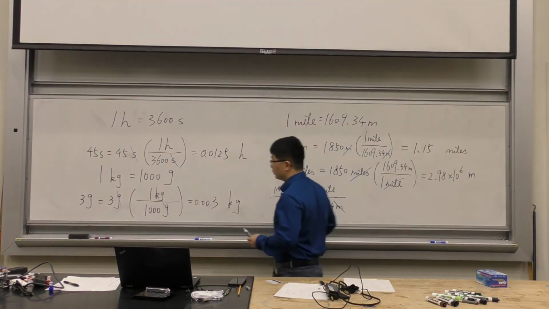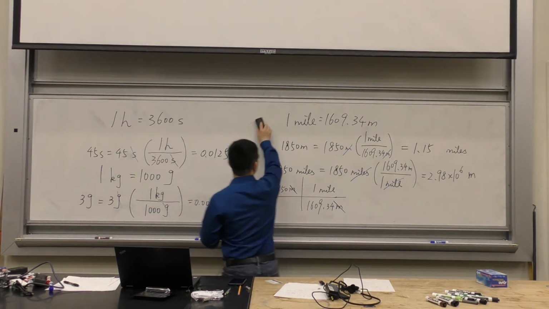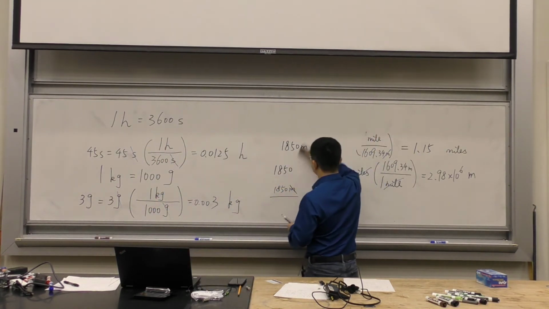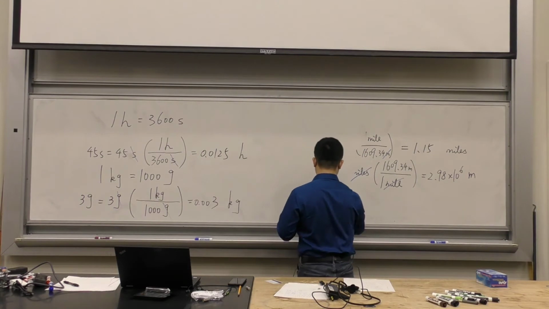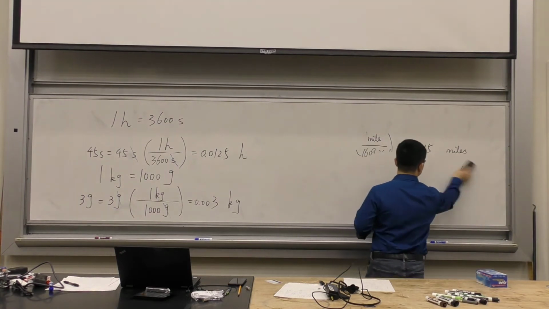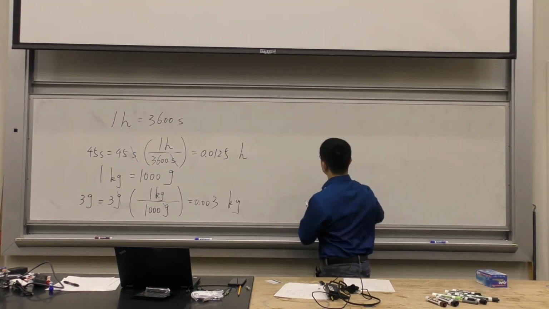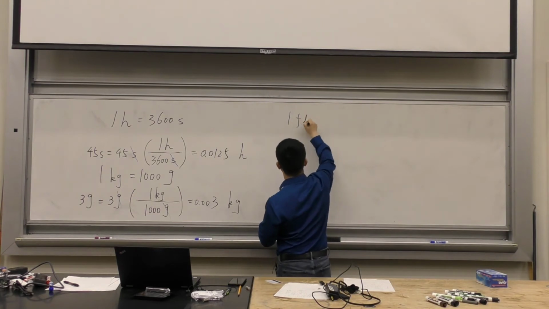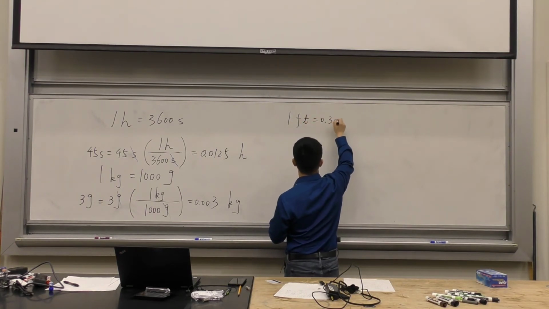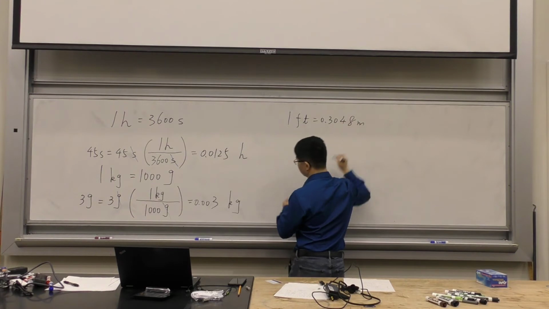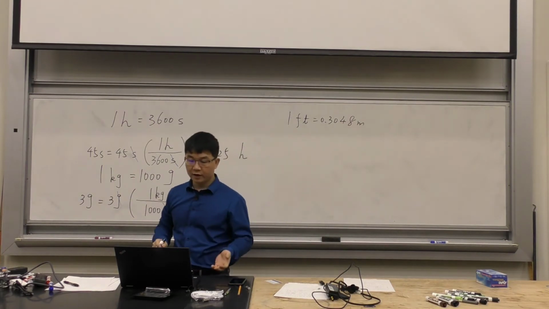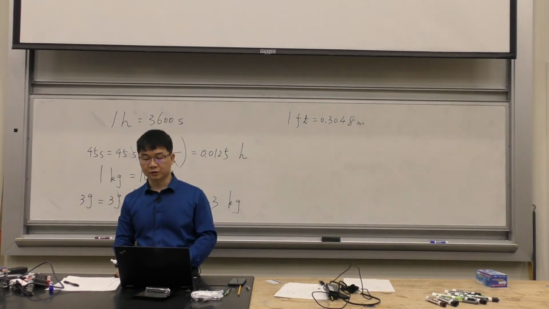So if I know the conversion between feet and meters is this: 1 foot equals 0.3048 meters, and I want to convert 8 square feet to square meters, okay?